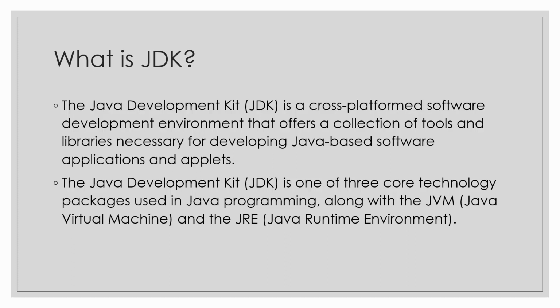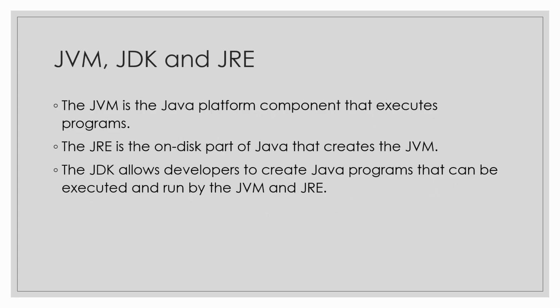Okay, so the JDK is one of the three core technology packages used in Java programming, along with the JVM and JRE. JVM is the Java Virtual Machine, and JRE is the Java Runtime Environment. The JVM is the Java platform component that executes programs.